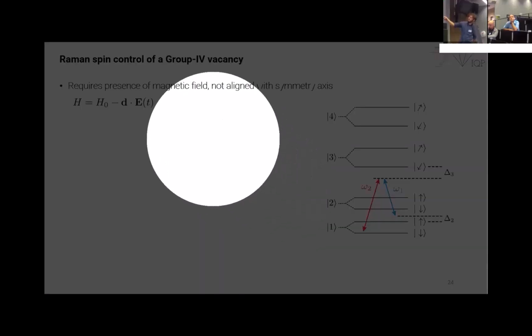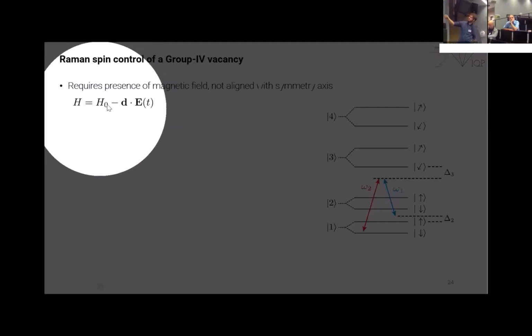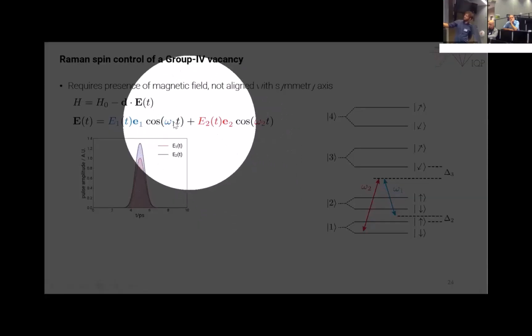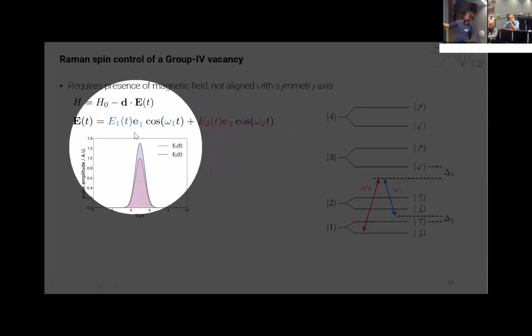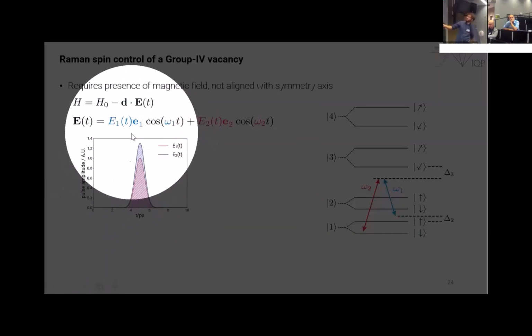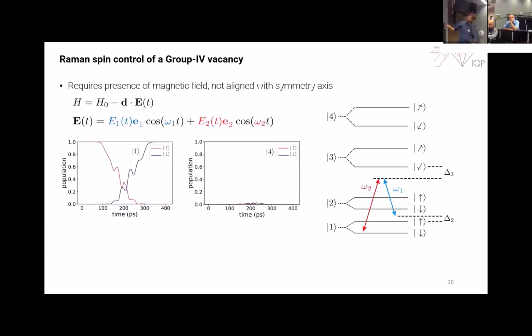This couples to your vacancy, which is described by some Hamiltonian H naught, through the electric dipole interaction. So here are your two pulses. They can have, in principle, two different amplitudes, but for the sake of this example, they have the same shape. It's a Gaussian pulse, same shape, two different carrier frequencies.